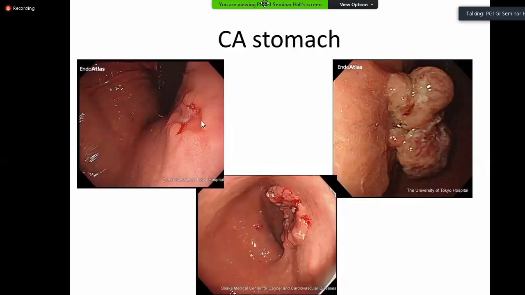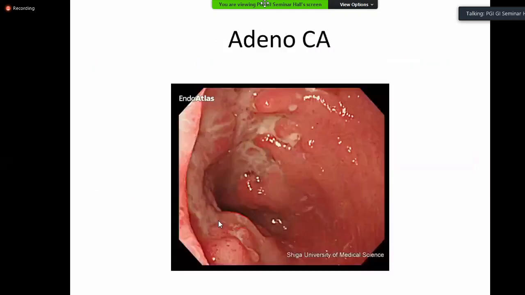Now, carcinoma stomach may have an ulcerated lesion with frankly everted margins, a polypoidal lesion, or it may be a depressed lesion. So endoscopically, you cannot say whether the cancer is early or advanced. That will depend upon narrowband imaging. Now here is an example of a large ulcerated lesion.